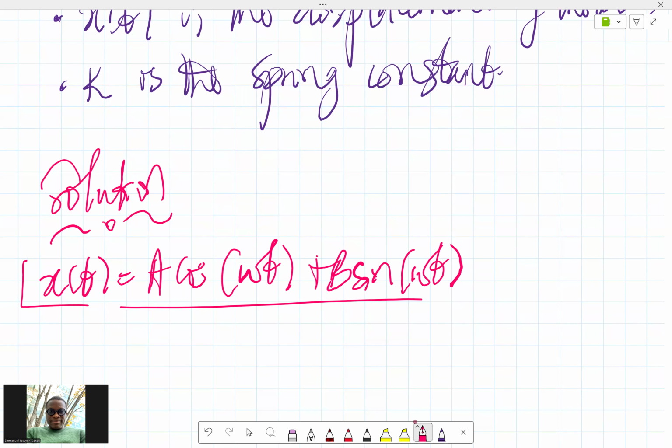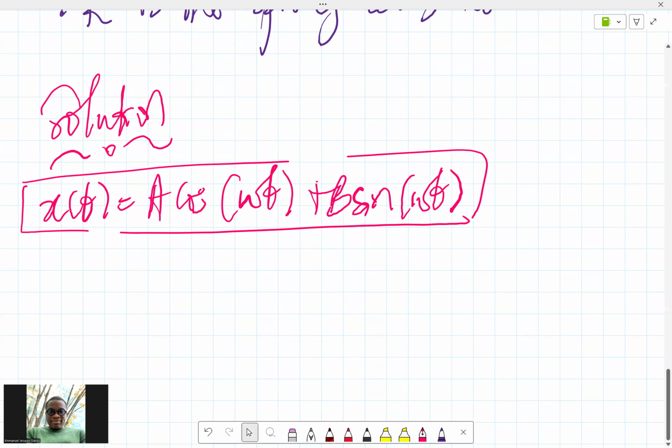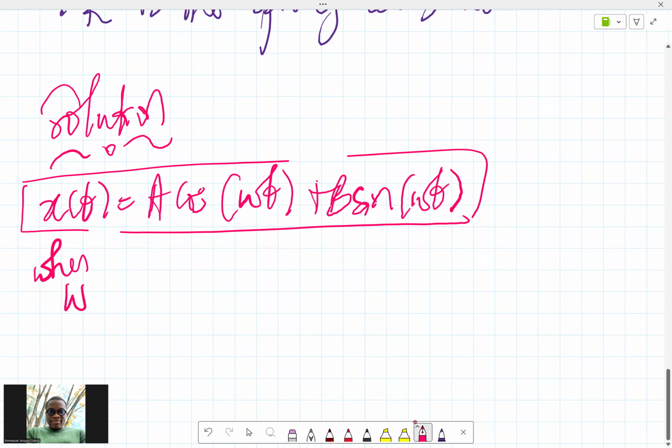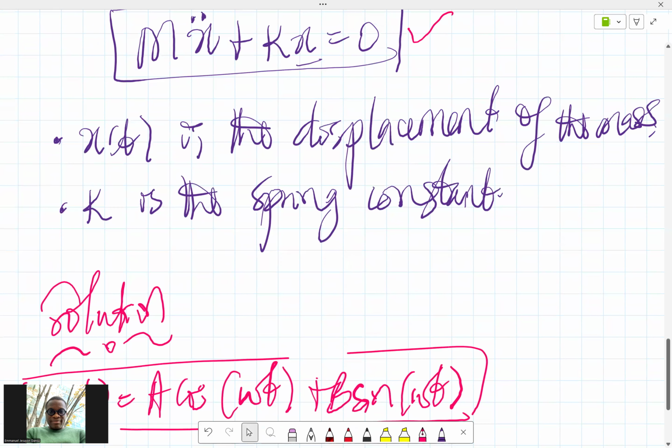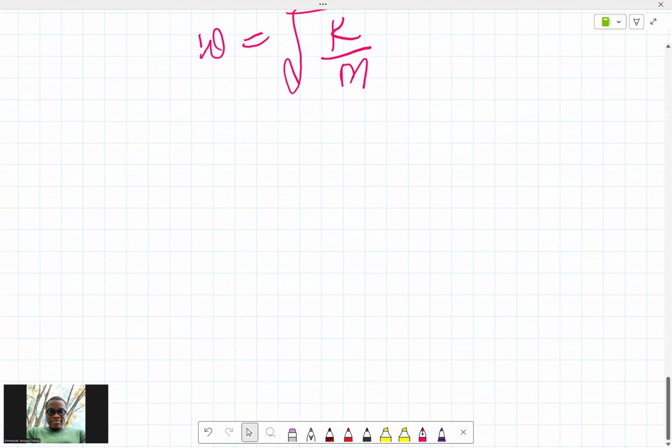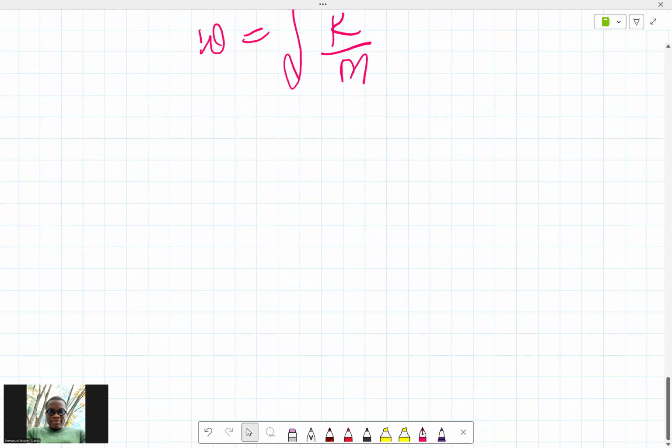Omega has a definition, where omega is equal to the square root of k over m, that spring constant over the mass. So that's one application, talking about mechanical systems.